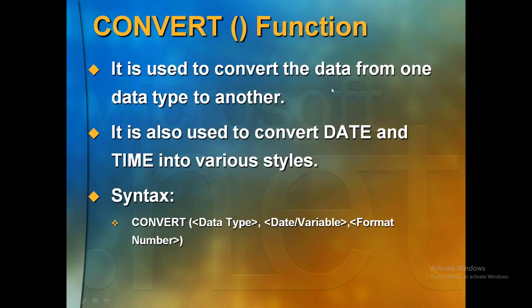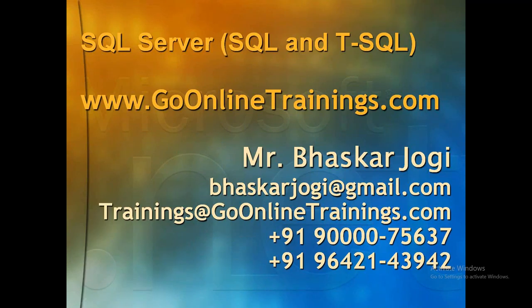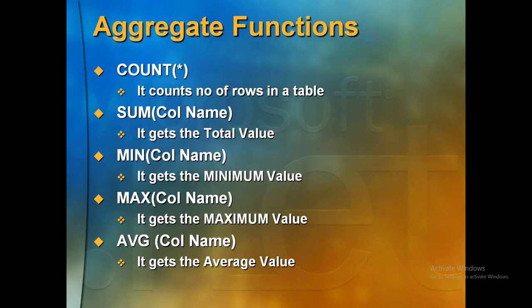It is used to convert the data from one data type to another. It is also used to convert date and time into various styles. This is the syntax: convert, data type, comma, date or variable, and format number or the style number. Clear, guys? These are the things that you must know. Now, we had seen typecast functions.